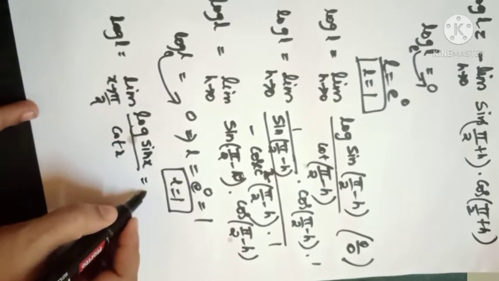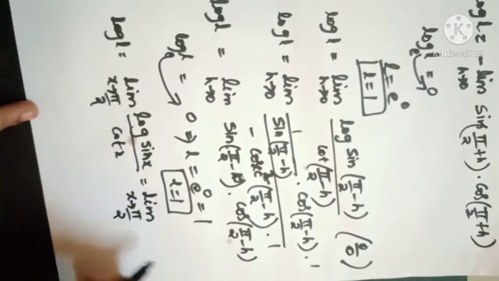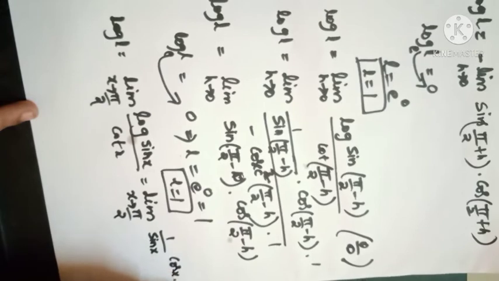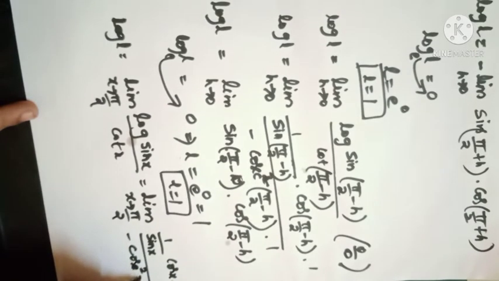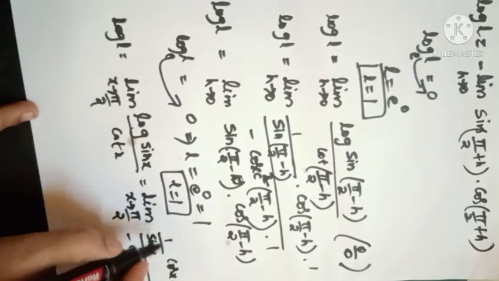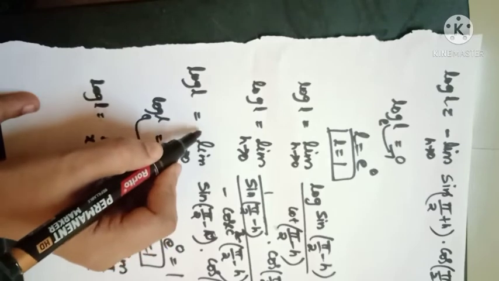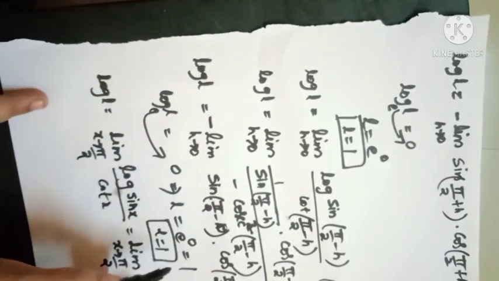What you get is log L is the limit as x tends to pi by 2 of: differentiation of log sin x is 1 over sin x into cos x, divided by the differentiation of cot x, which is minus cosec square x.